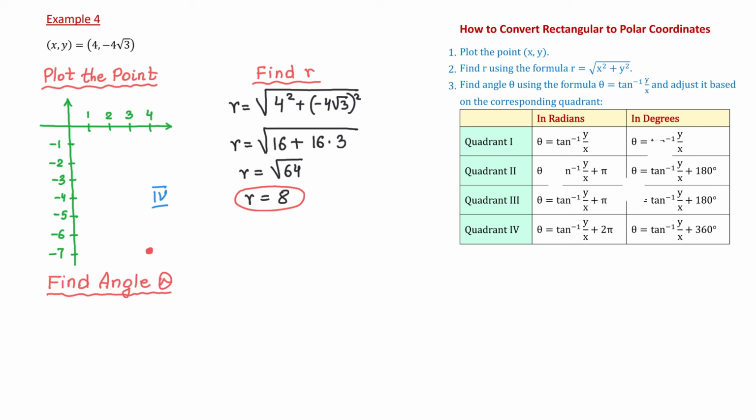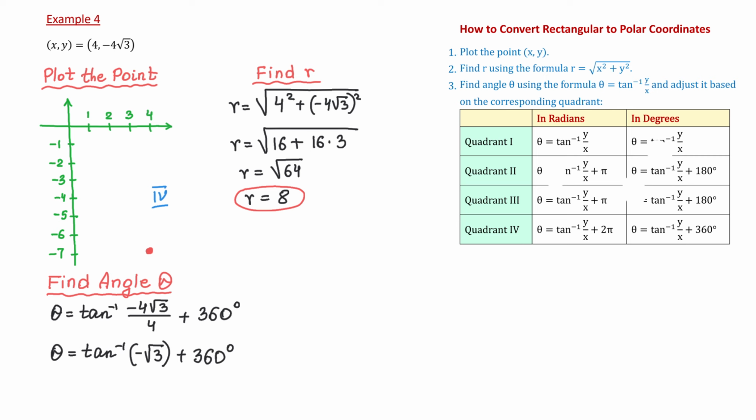In quadrant 4, the formula is inverse tangent of y over x plus 360 degrees. So we will write that theta equals inverse tangent of negative 4 square root of 3 over 4 plus 360 degrees. Then 4 and 4 will cancel, and we will write that theta equals inverse tangent of negative square root of 3 plus 360 degrees.